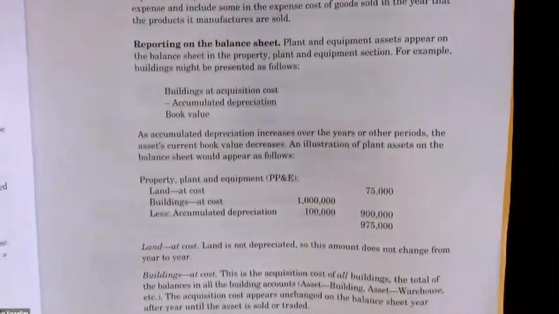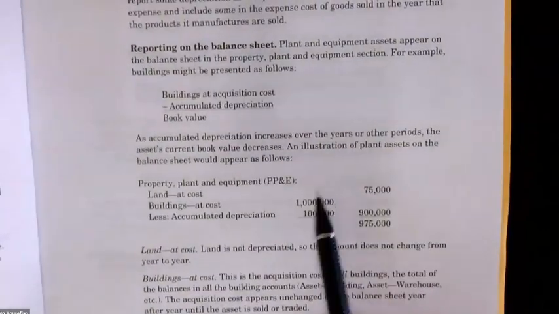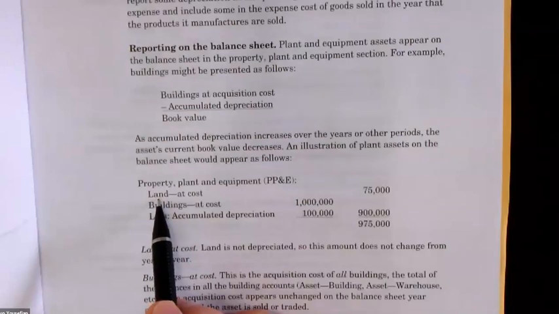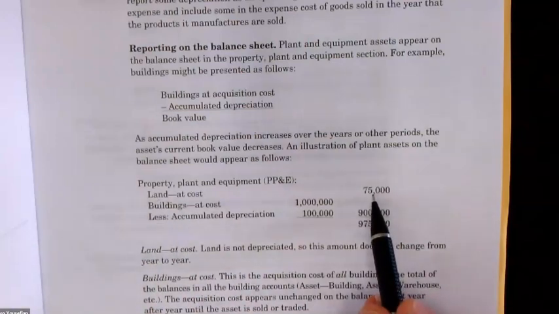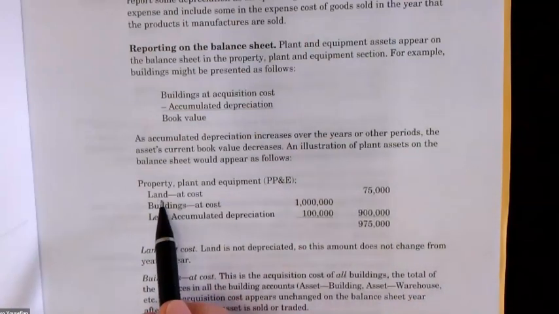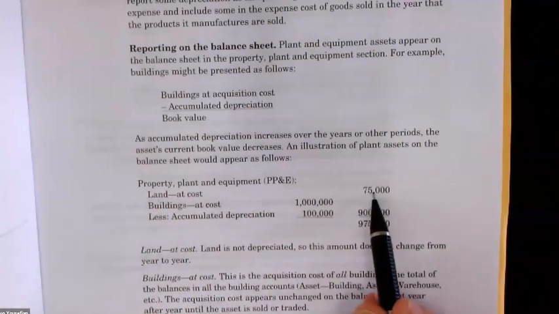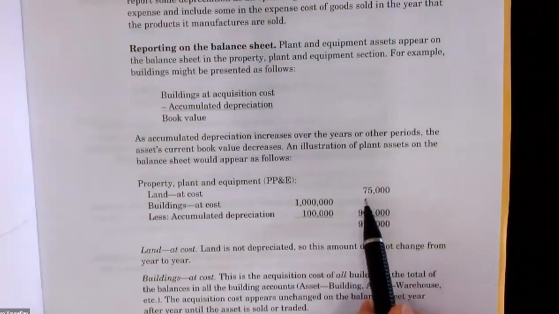If you look here, in the balance sheet, land never depreciates, right? So you don't need to have anything else next to land. Land is here and that's it. The $75,000 is going to stay in your balance sheet forever as $75,000.